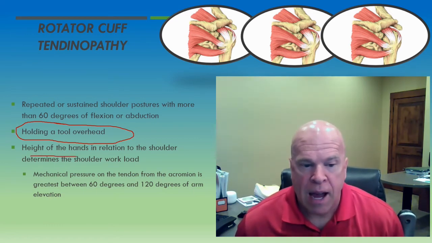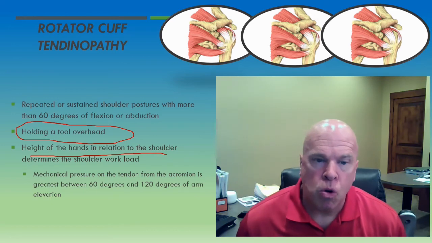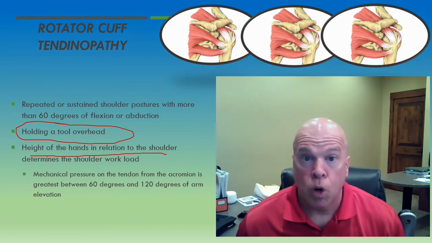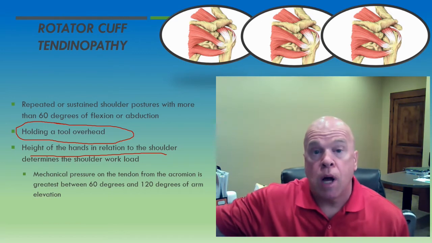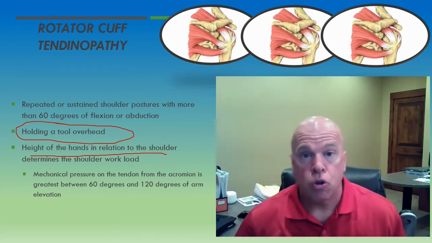And therefore, the height of the hands in relation to the shoulder determines the shoulder workload. So you're going to want to interrogate and interview your examinees about repetitive activities approaching shoulder height, at and above shoulder height.